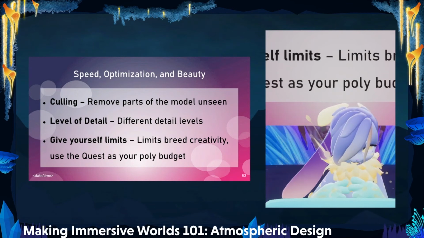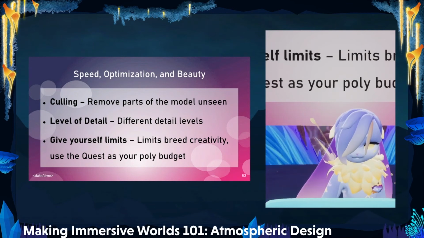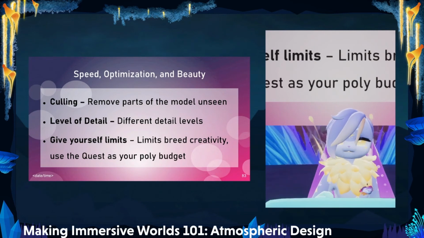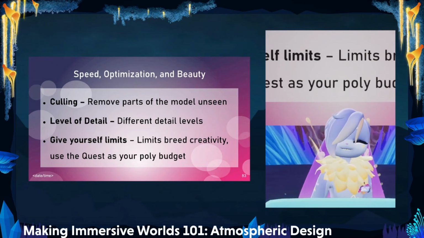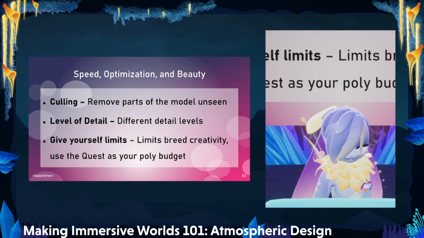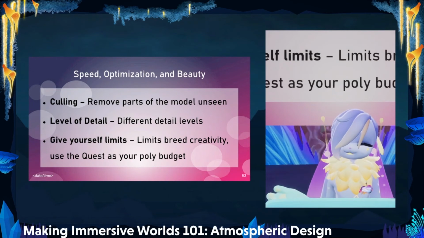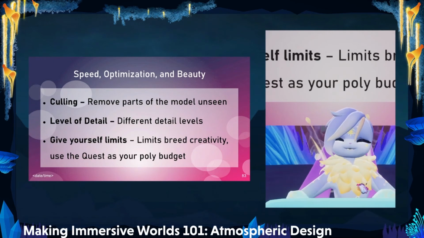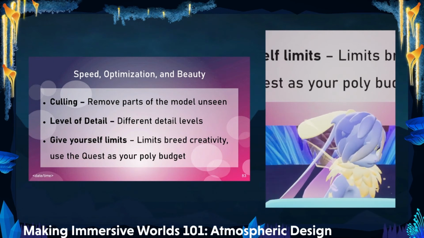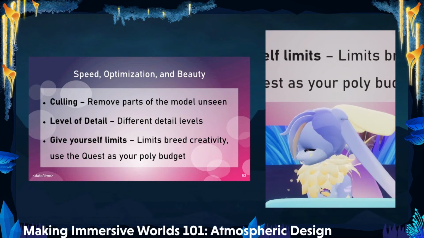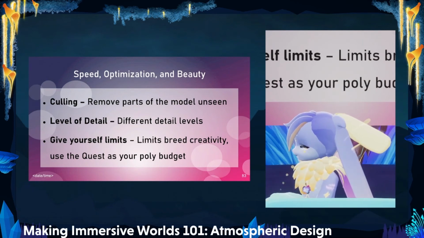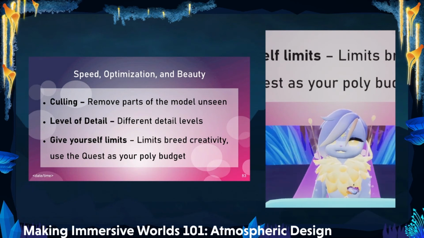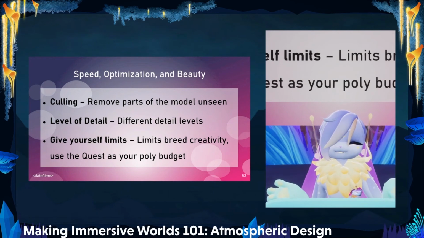So yeah. And I think this is the most important one that most people kind of forget when it comes to making games. Give yourself limits, please. I know it's very easy to throw everything that you want inside one model or one world, but what happened to the Quest people? They're the majority right now.